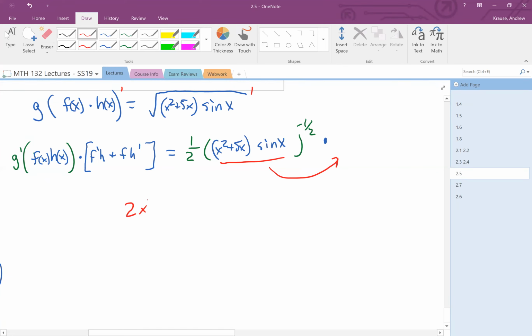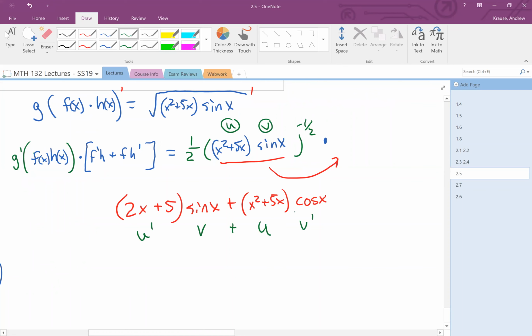So we need to do 2x plus 5 times sine of x plus x squared plus 5x times cosine of x, right? Because if you're thinking about this as a u v, then we need to do u prime v plus u v prime.